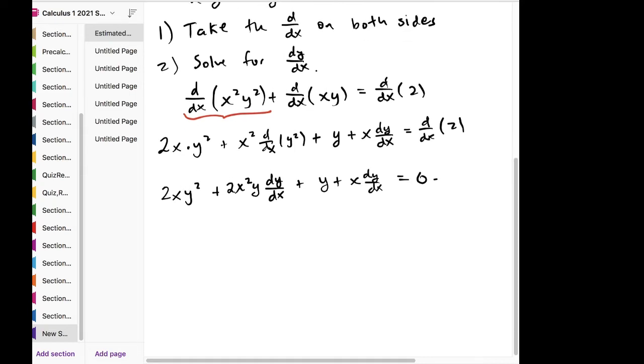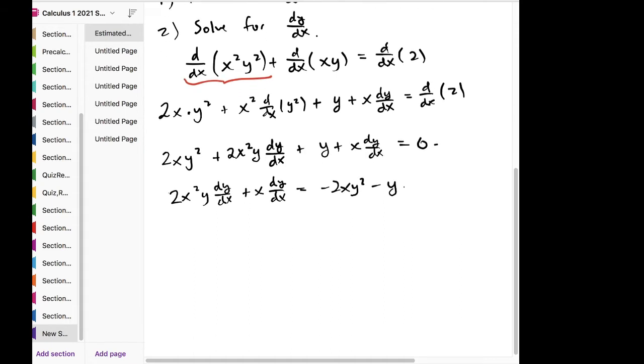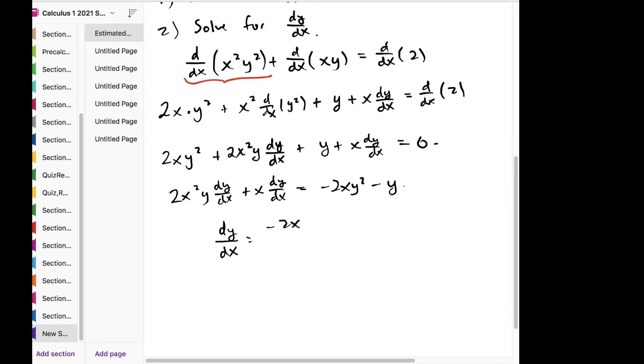Okay, so solving for dy/dx, let's have 2x squared y dy/dx plus x dy/dx, and this is equal to negative 2xy squared minus y. All right, so dy/dx is equal to negative 2xy squared minus y over 2x squared y plus x.